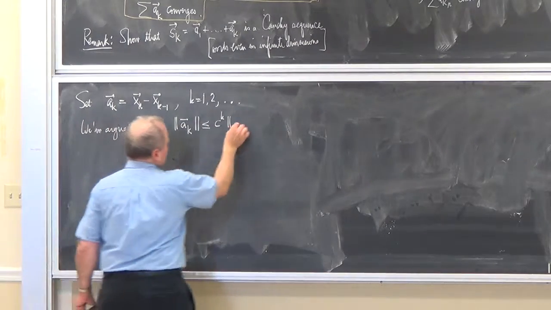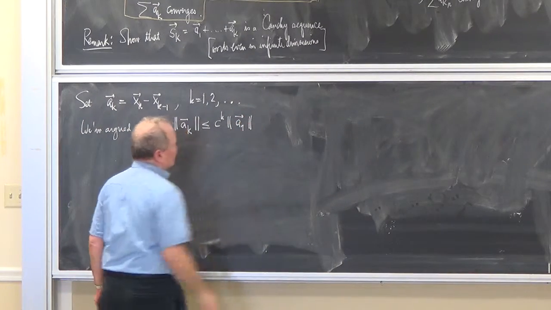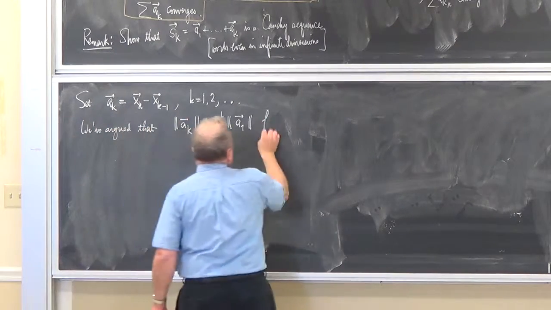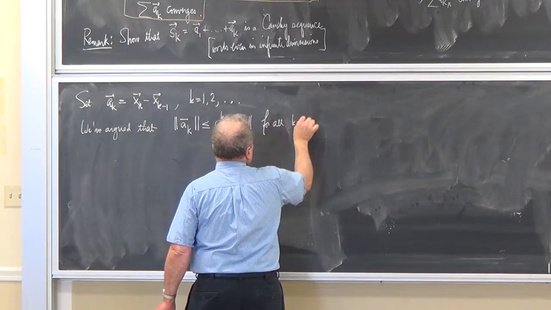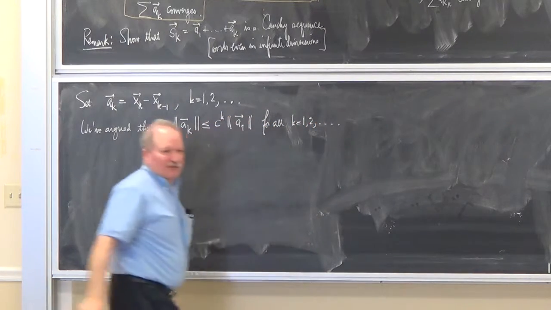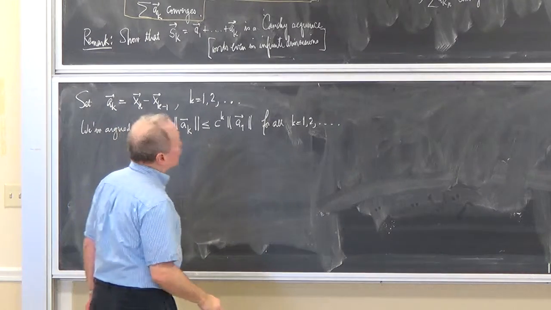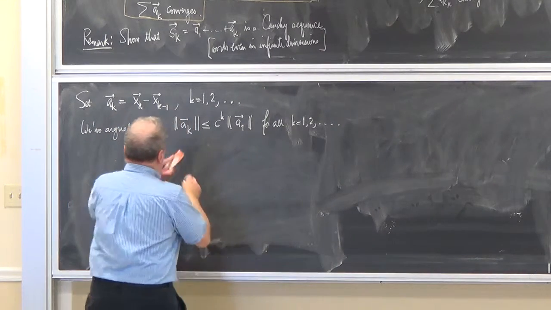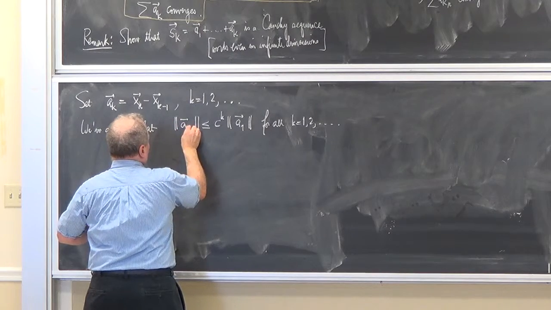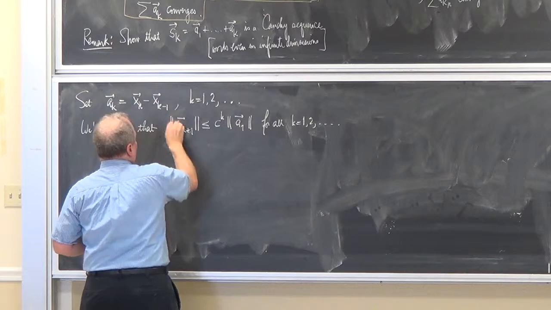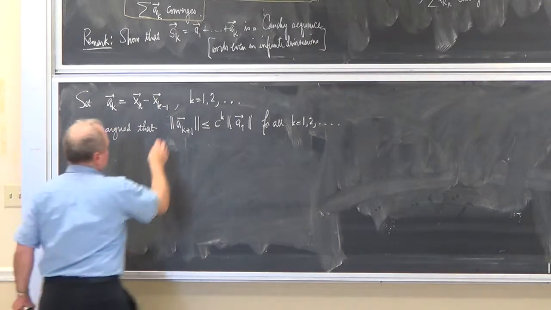It's a sub 1, isn't it? Maybe a_(k+1). Oh, do I have an index wrong? Yeah, this is k plus 1. Thank you. Yeah, exactly right.